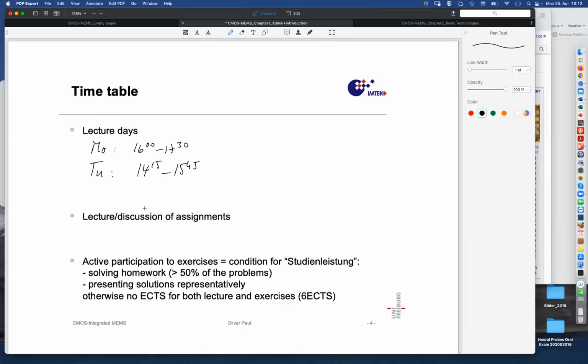And a week later, we'll talk about those. And that could be on Monday or on Tuesday. Now at the beginning, there's not much material, so I cannot hand out an exercise sheet today. Maybe tomorrow, could be, maybe only next week. And so be ready to participate on both days.